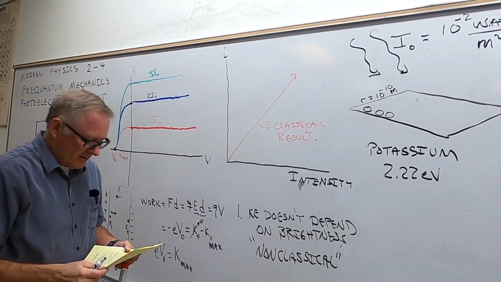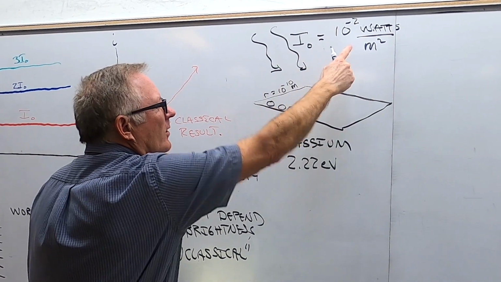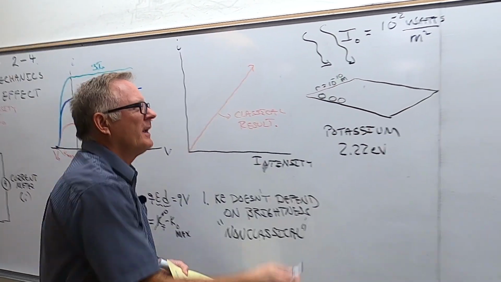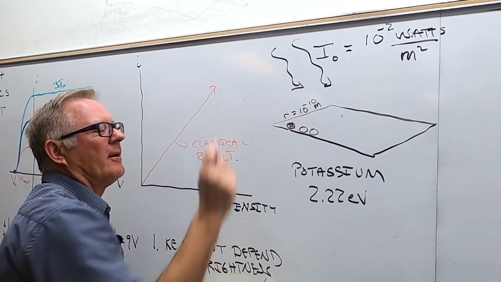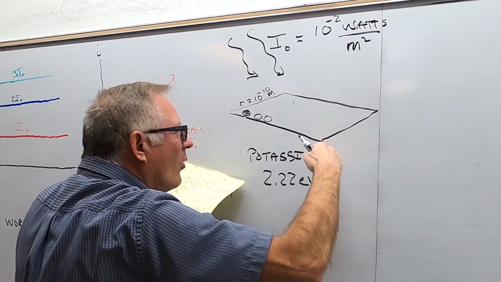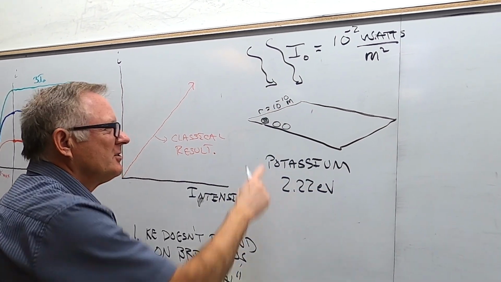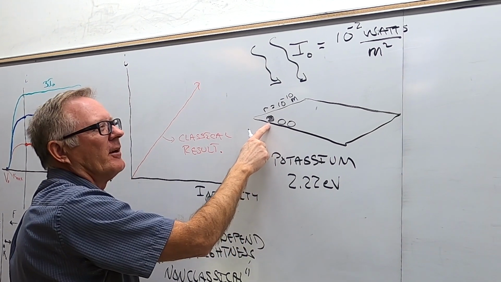So if I want to know how much power is going to one atom right there, well, we know there's this much power going to the whole square meter. How much is going to that atom? You just multiply this times that area.